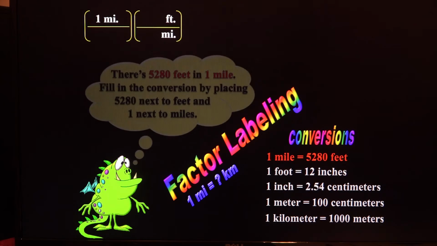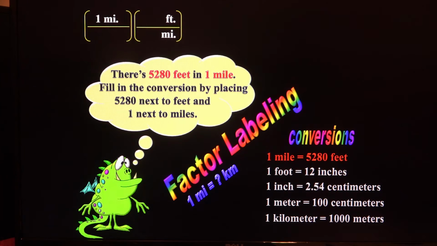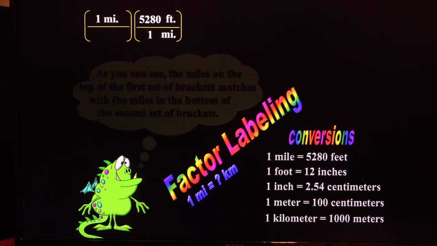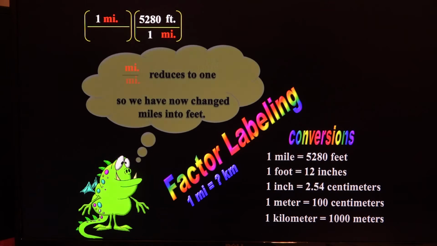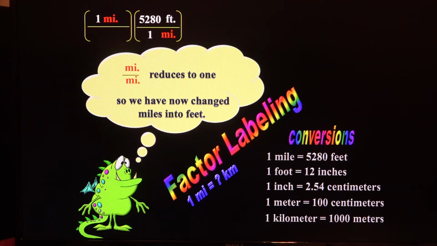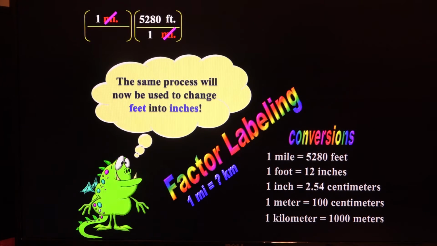We know that 1 mile is 5,280 feet, so fill in the conversion by placing 1 next to mile and 5,280 next to the feet. As you can see, the miles on the top in the first set of brackets match miles in the bottom of the second set of brackets. Miles divided by miles reduces to 1, so we've now changed miles into feet.